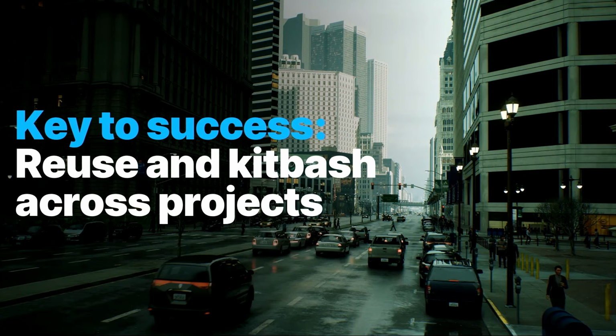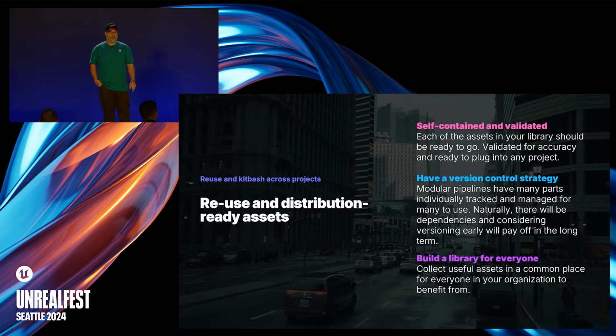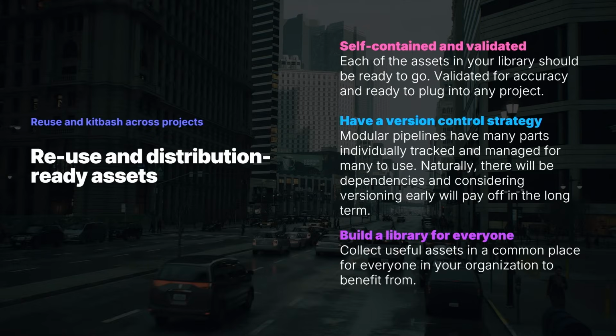And the next key to success that I want to share is being able to reuse and kit bash your assets across projects. Having your assets self-contained and validated and ready to go means that you can plug them into every project. You do it from our stuff all the time from Quixel, right? When you pull in something from Quixel Bridge, it's self-contained, it's validated.